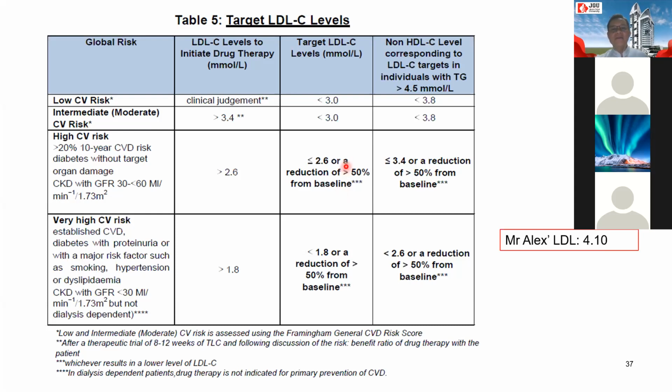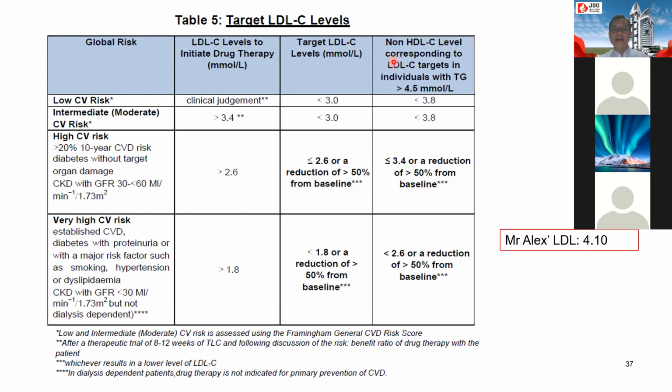Maybe it's too high. So we are happy if the patient lowers to less than 3, for example 2.7 or 2.8, we think they have already achieved it. So it is more generous.